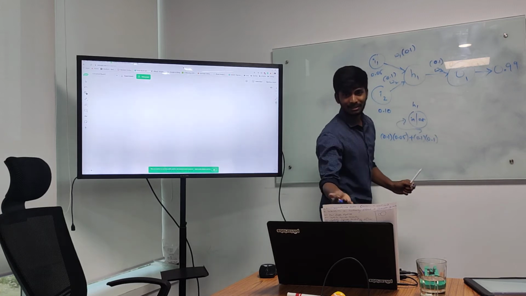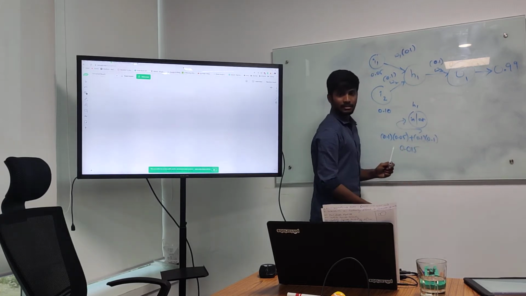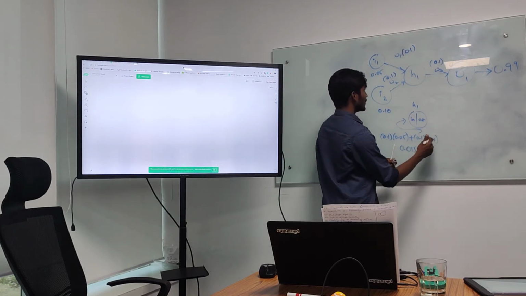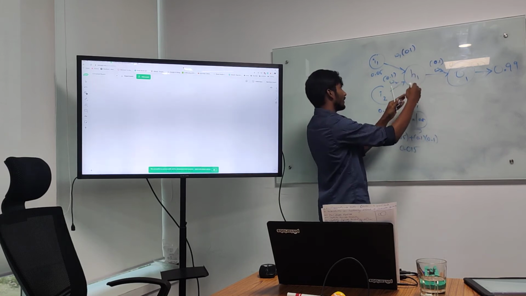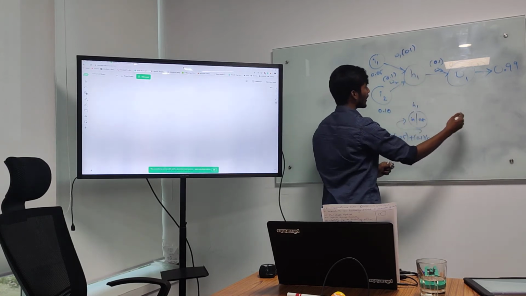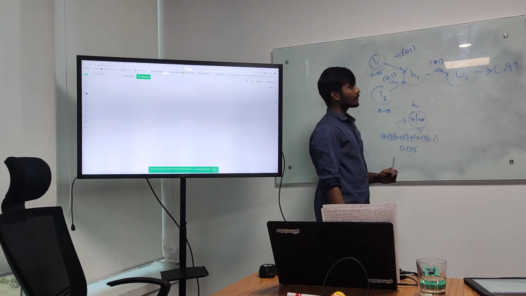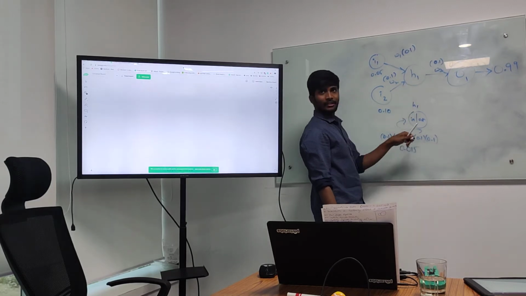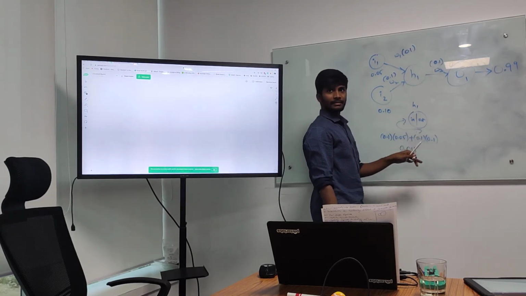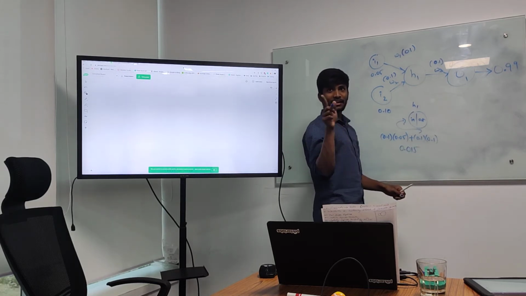That value is 0.01. Sorry, I've become rusty. So that will be the input for my hidden layer's single unit, H1. Now what will be my output from H1? This is g of theta. I have an activation function.